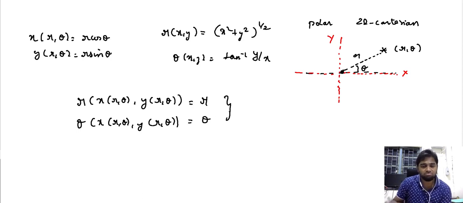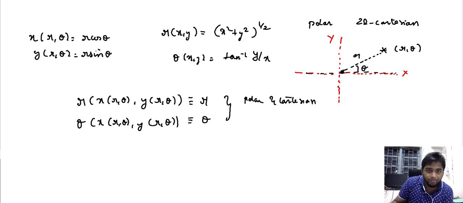Since we are able to recover r and theta, starting by treating them as functions and considering the relation between x and y and r and theta, and since we are able to translate this function and recover the corresponding independent coordinate, we claimed that these two coordinate systems, polar and Cartesian, the way we have represented here, are inverse of each other.